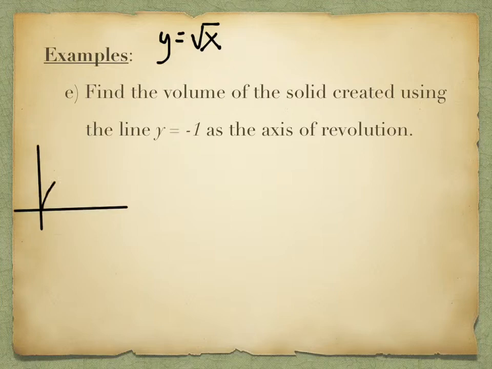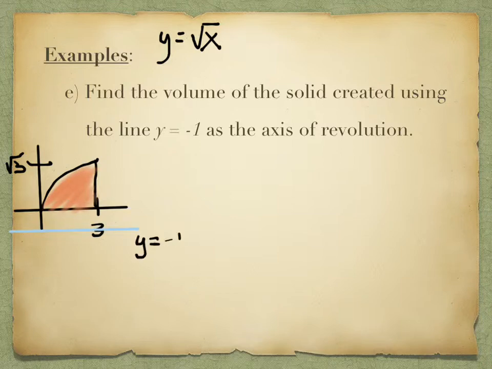And we've got going out here to square root 3, up here to square root of 3, and here's my region I'm rotating. But this time I'm going to rotate around a horizontal axis, and I haven't done this since the very first problem on this assignment, right? Here's my horizontal axis of rotation. It's down here at y equals -1.